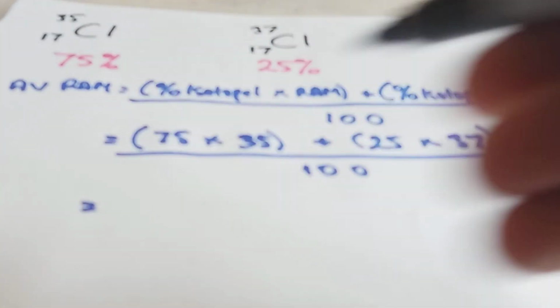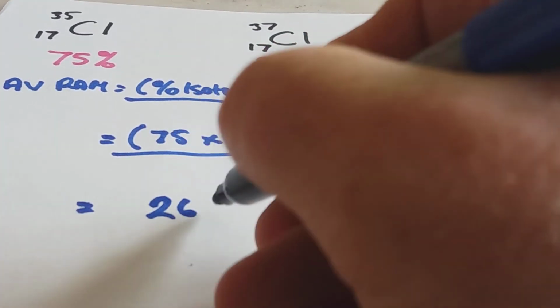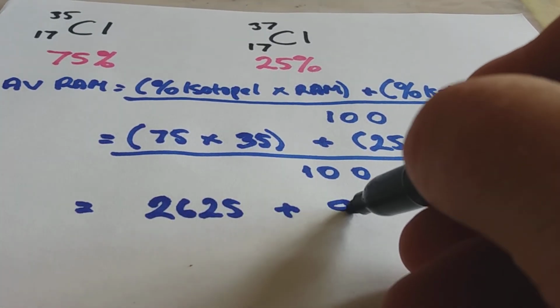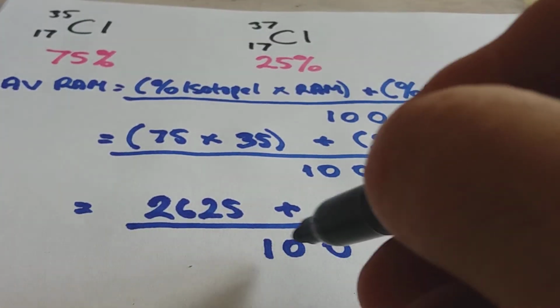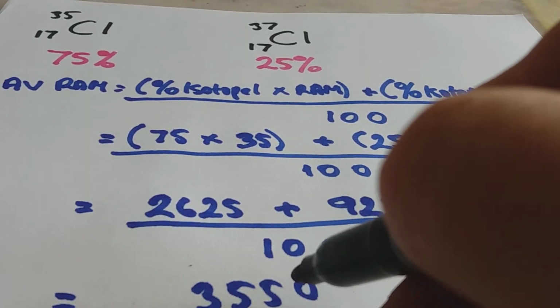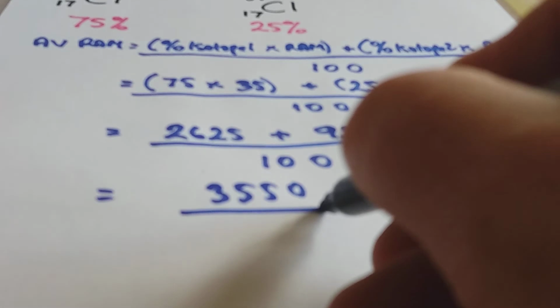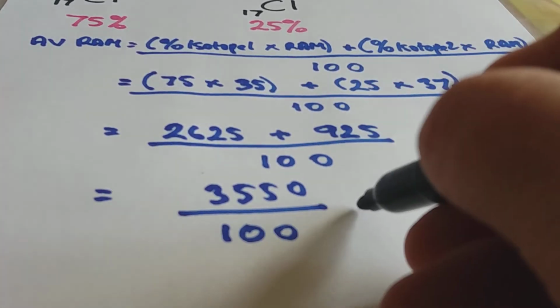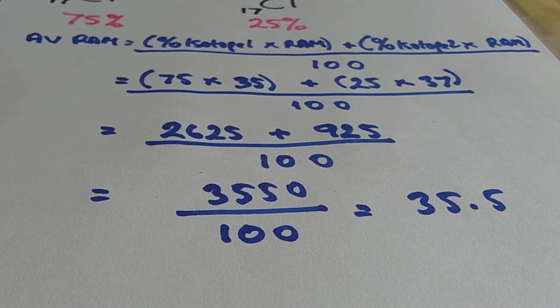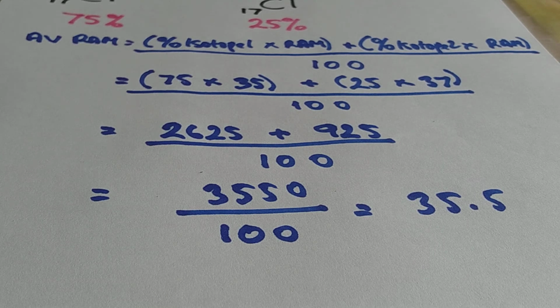Now, take my word for this, that 35 times 75 is 2,625 and 25 times 37 is 925. When we add these together, that becomes 3,550. And as we divide by 100, that comes out as 35.5. And hey presto, this is the value that you will notice from the periodic table.